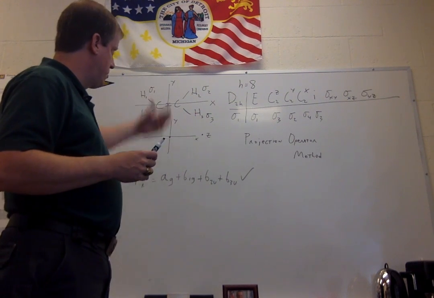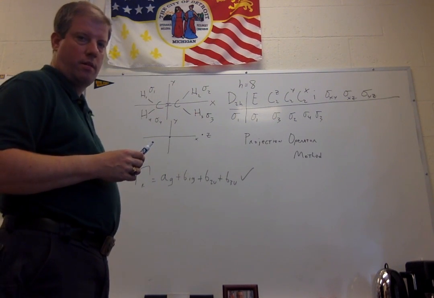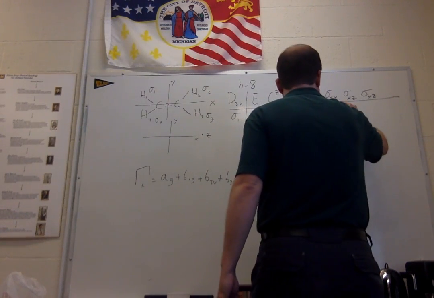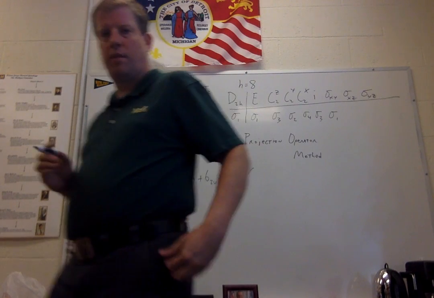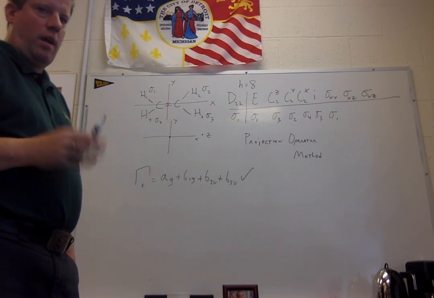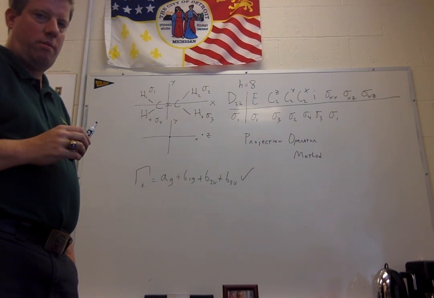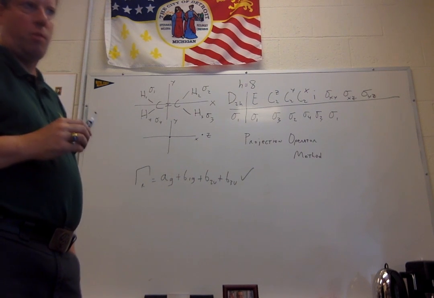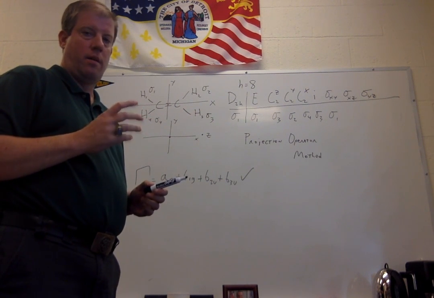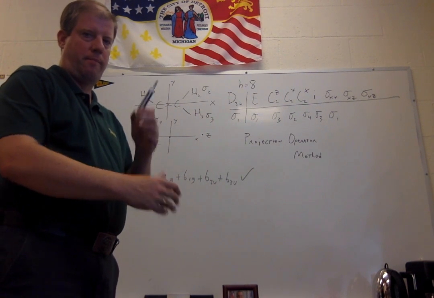Alright, so xy is the plane of the board. This hydrogen is in the plane of the board, and therefore that remains sigma 1. If this were a p orbital, what would happen is when you reflect there, the p orbital stays in place, but the sign of the wave function flips.